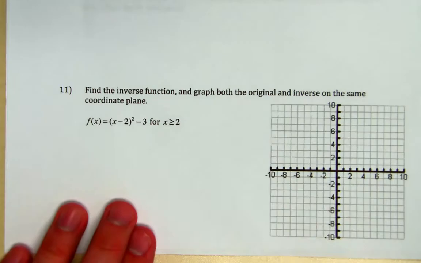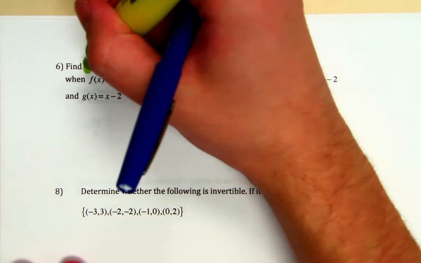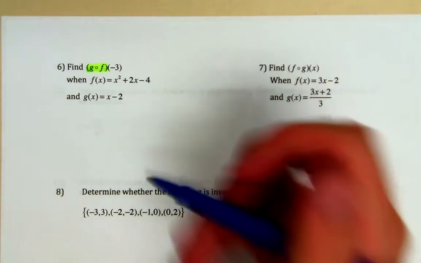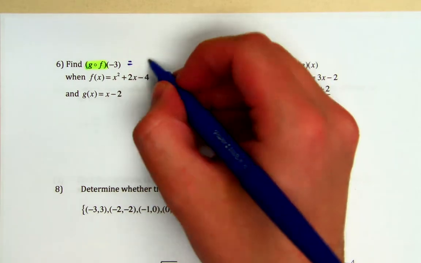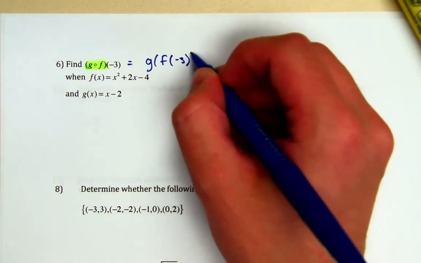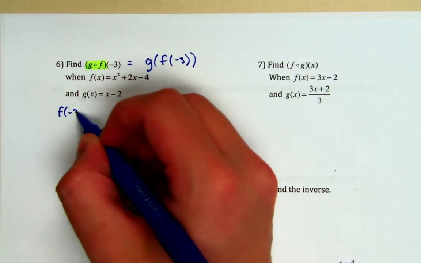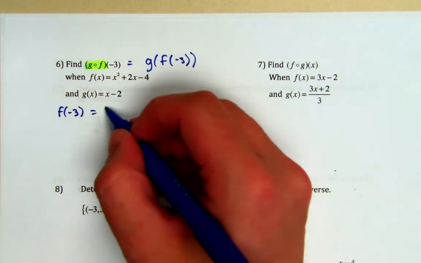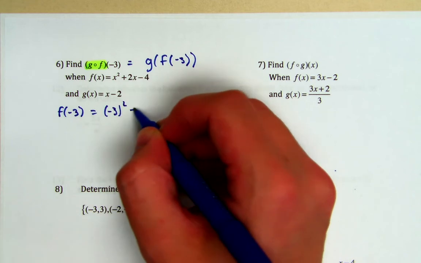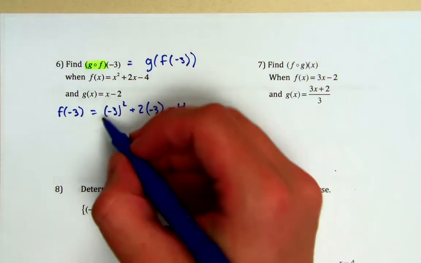Alright, so let's continue with a few more of these. Again, I have a composition here, but now my order is changed. This is saying, hey, I'm taking g of f of negative 3. So start with f of negative 3. Well, take negative 3 squared plus 2 times negative 3 minus 4.